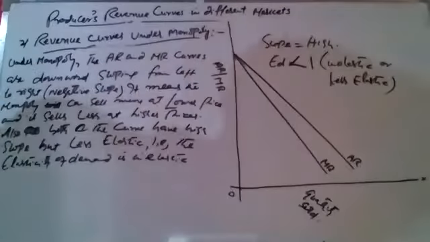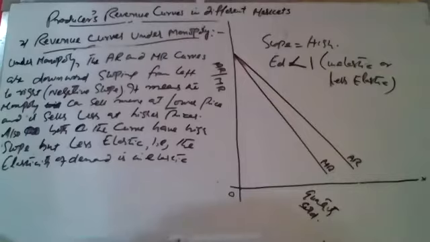Okay? So there is a negative relationship between price of a product and demand for a product. The firm's demand or average revenue, the slope is downwards. MR is a downward sloping straight line. Also, the average revenue curve remains above the marginal revenue curve. That is, average revenue is always more than marginal revenue.